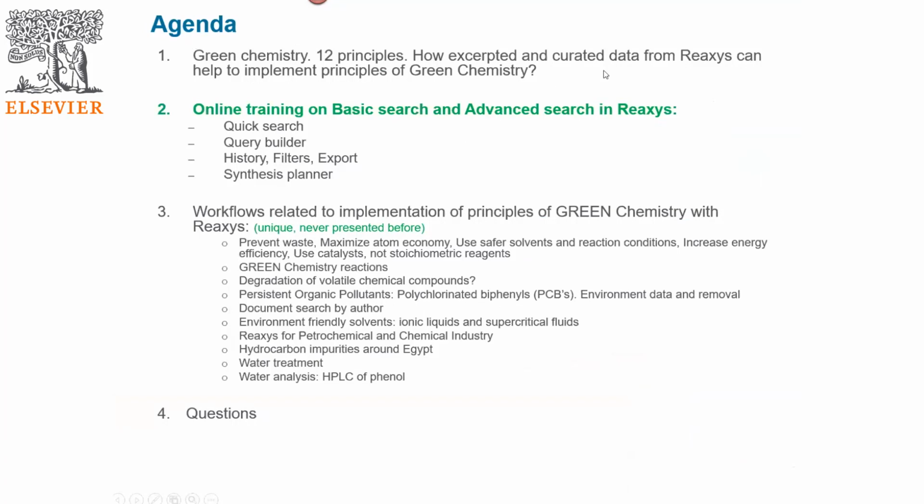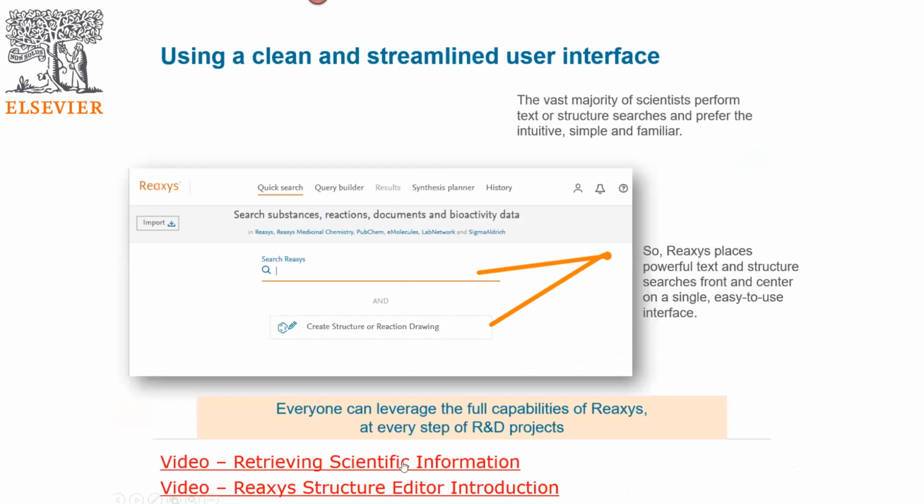This was the first pillar, and let's go to the online training and basic search functionalities. So again, in this slide, you can see the first screen from Reaxys. Also, you can find two very nice videos about retrieving scientific information and about using the structure editor. But what is the idea?